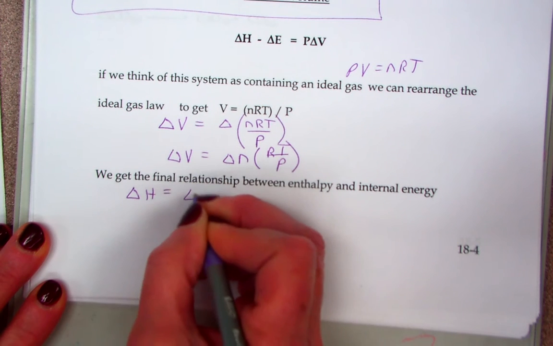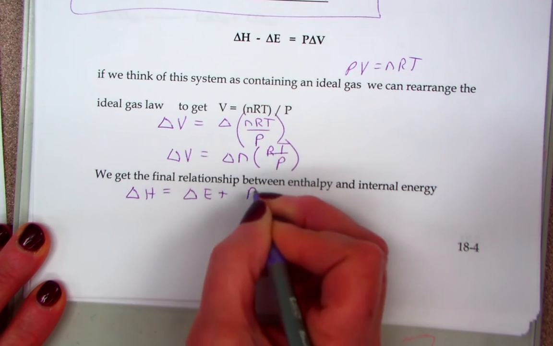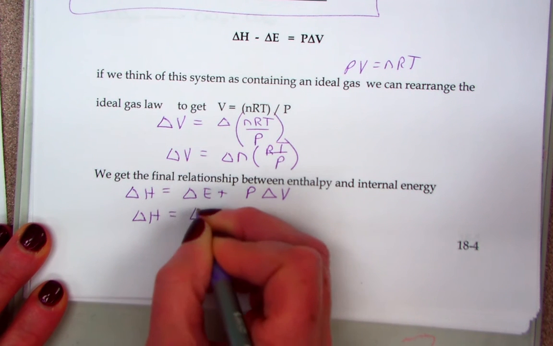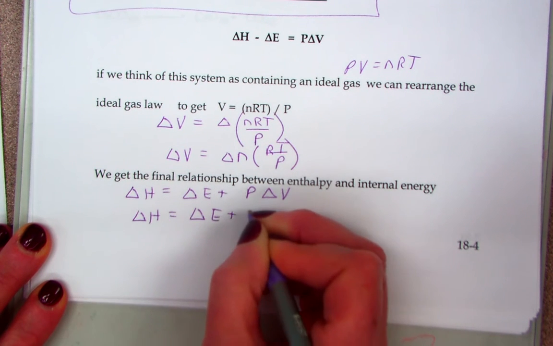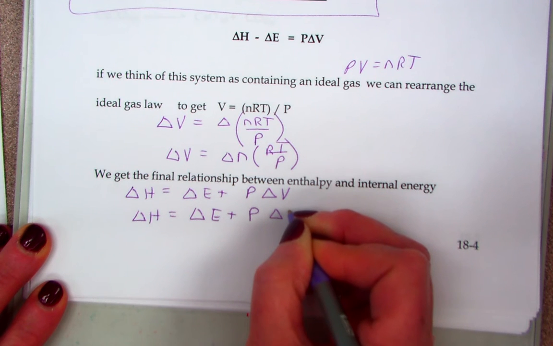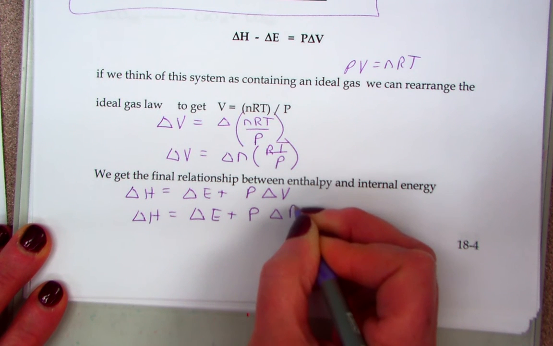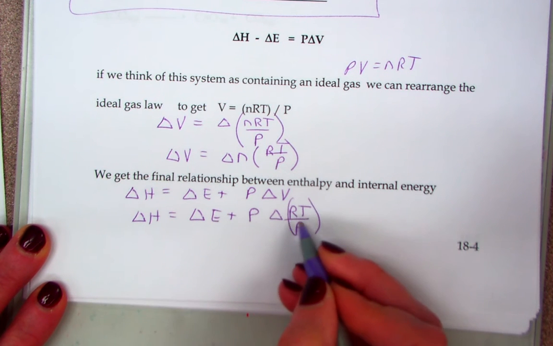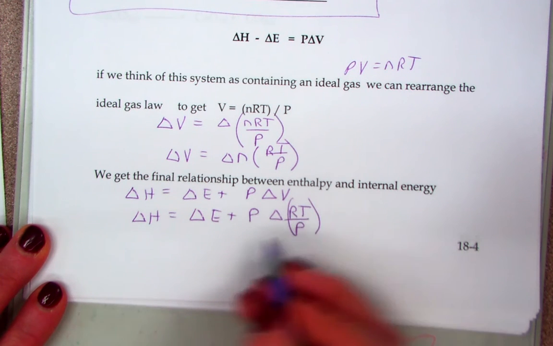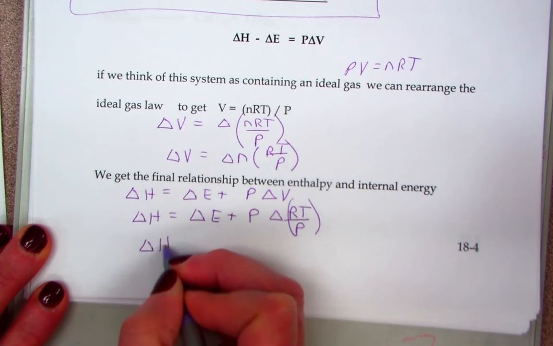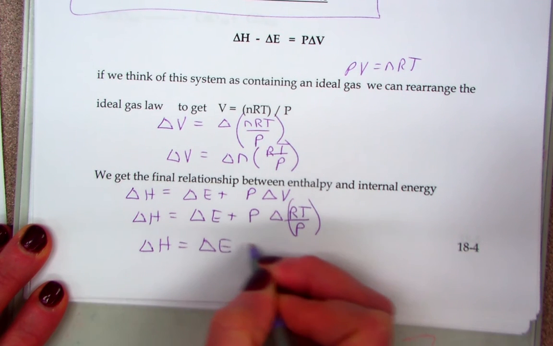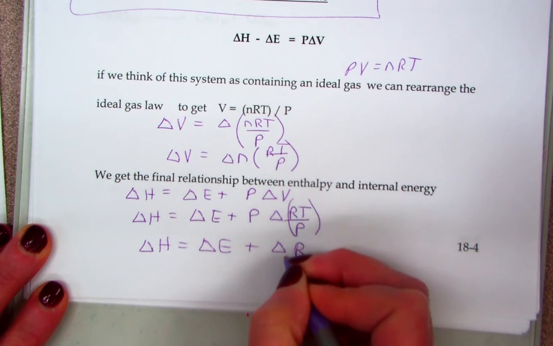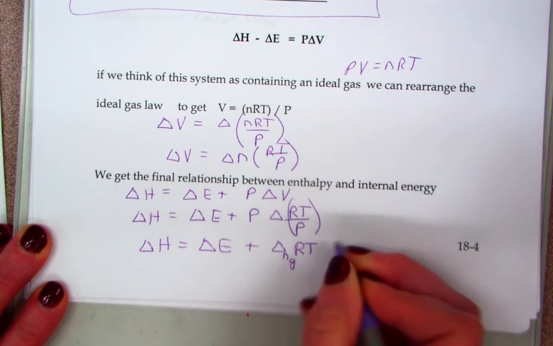Delta H is delta E plus P delta V, so delta H is equal to delta E plus P times delta n RT over P. Well, the P cancels, so delta H is equal to delta E plus delta n sub g times RT.